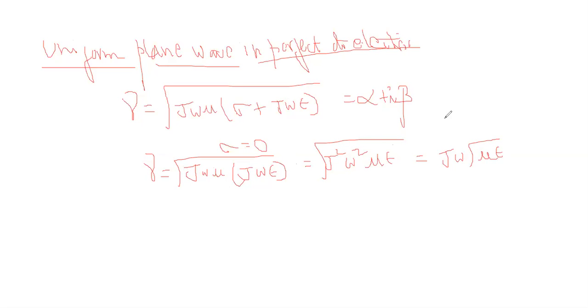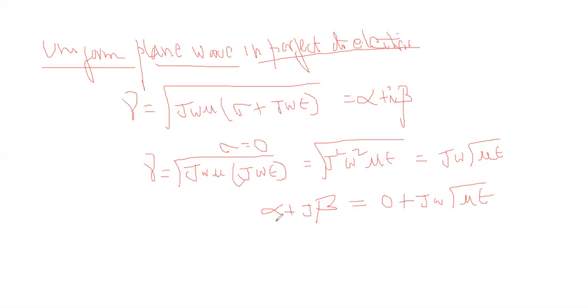Now equate it with alpha plus j beta. Taking the imaginary function only, it is 0 plus j omega square root of mu epsilon.